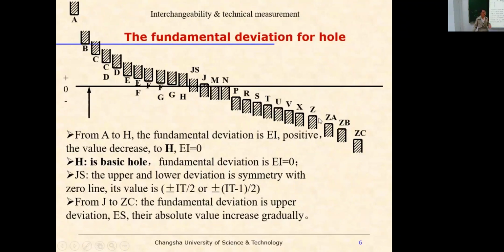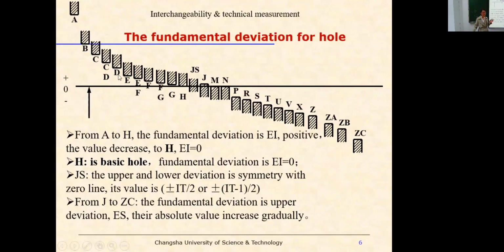So we can find the fundamental deviation from the table. Okay, so from A to H, the fundamental deviation is EI. It means that this is his position, and the tolerance we can find from the table, right? Before we learned how to find the table.